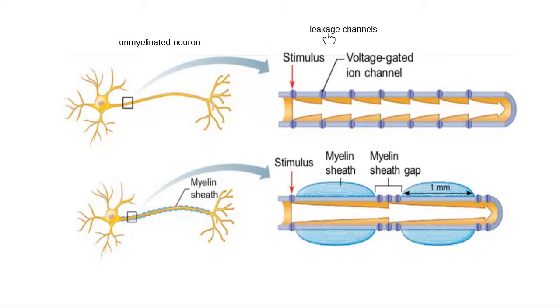Okay, so here's my problem with an unmyelinated axon. Covering that unmyelinated axon, the parts of the membrane that are exposed to the environment, I've got a ton of leakage channels. And leakage channels just kind of drip slowly. But if I'm constantly dripping slowly, I end up losing the strength of the message or the signal that I'm sending.